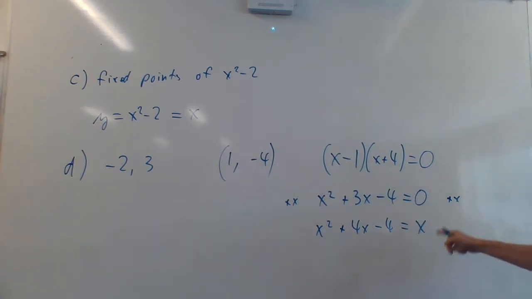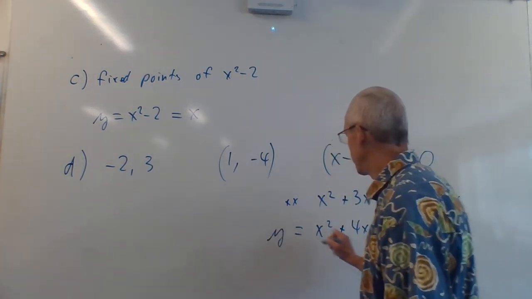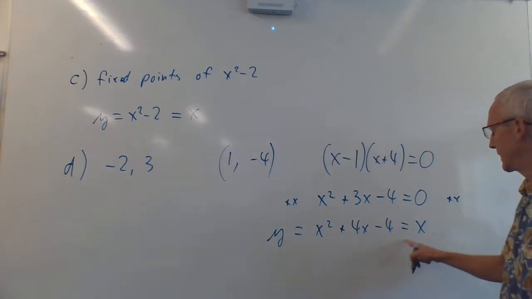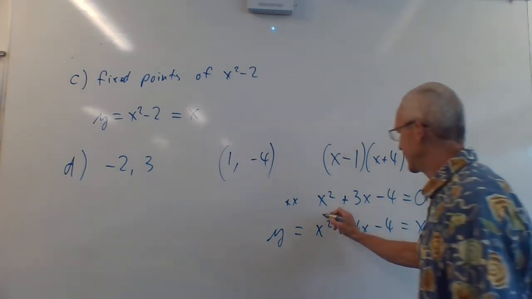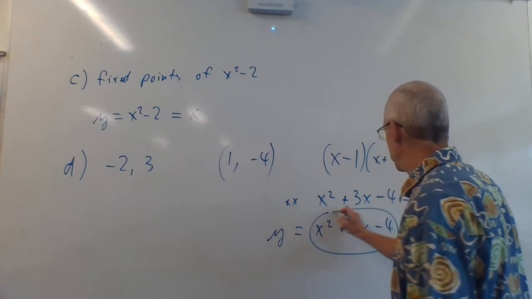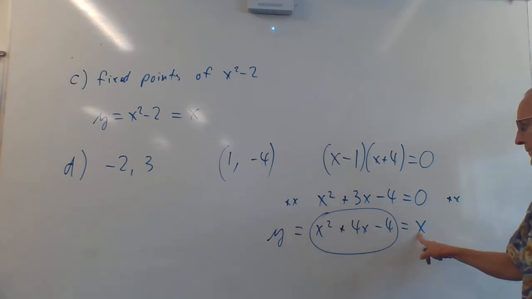Okay, the idea of fixed points is the function equals itself, right? Y is equal to x. That's why I had to have an x over here. So what is the function that's equal to x? So this is the function. So the answer to my problem would be this, because it's when y is equal to x.